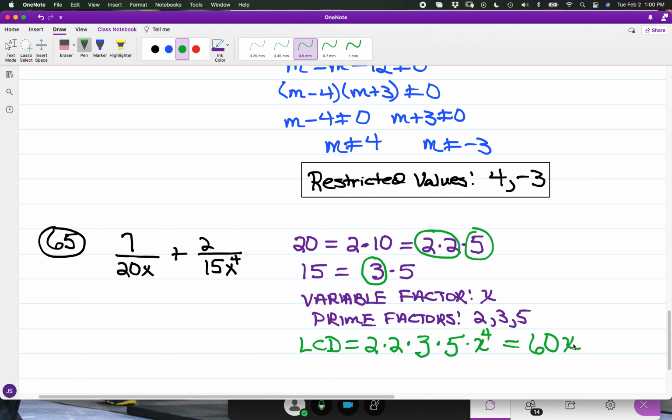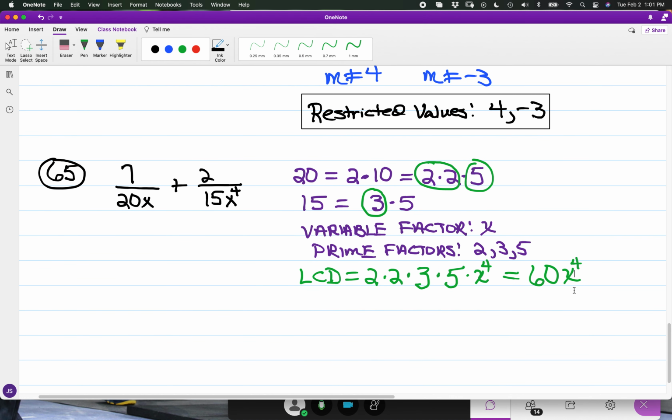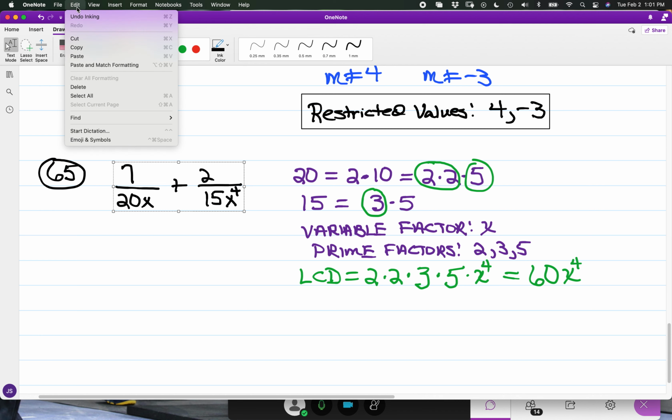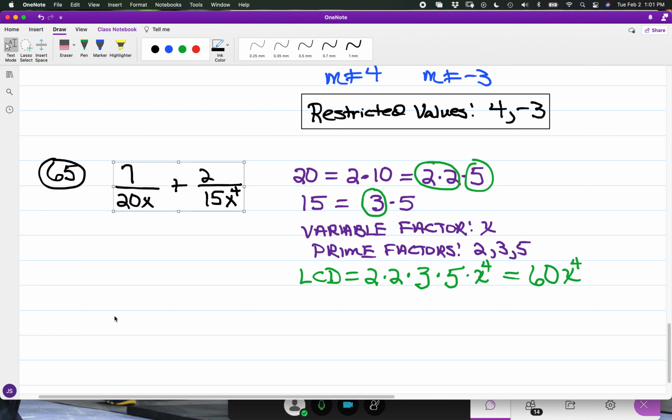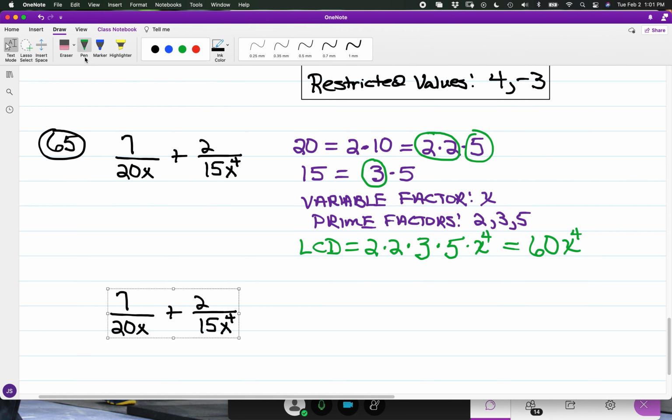So the least common denominator is going to be 60 times x to the 4th. And so looking at the setup, I'm going to raise both of these ratios in terms of the least common denominator.